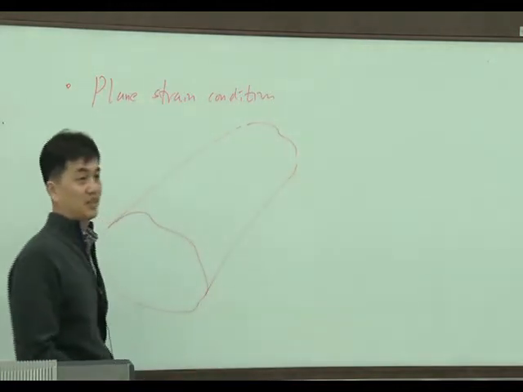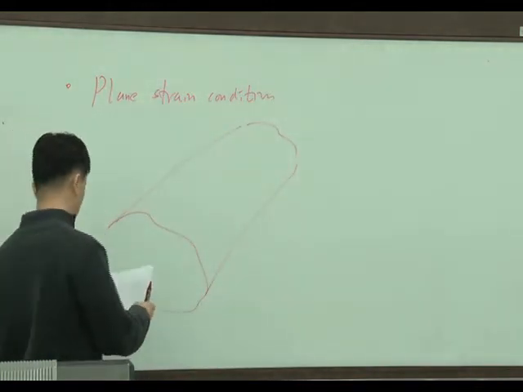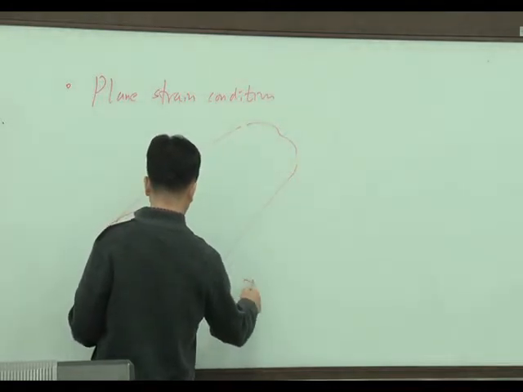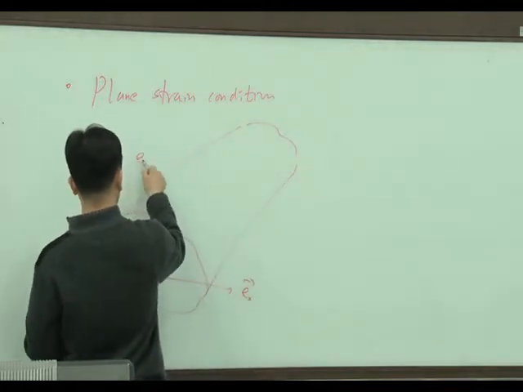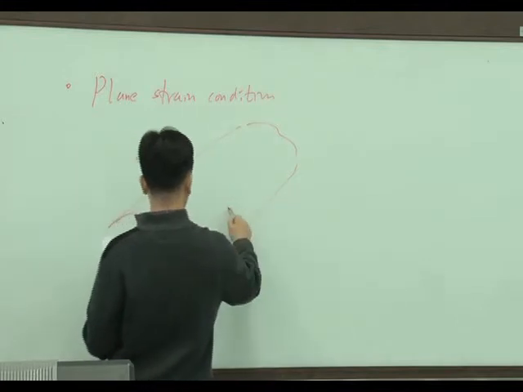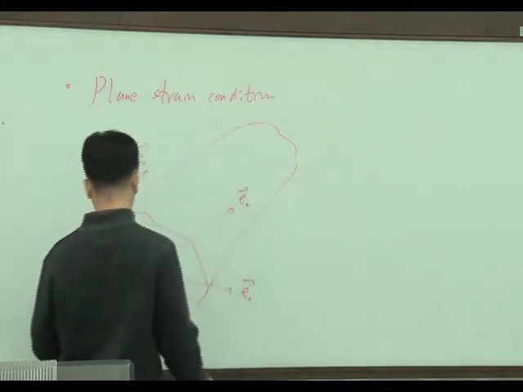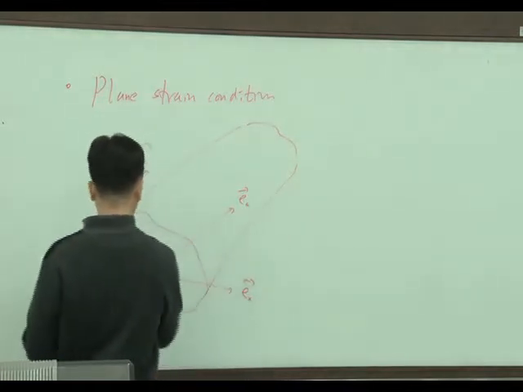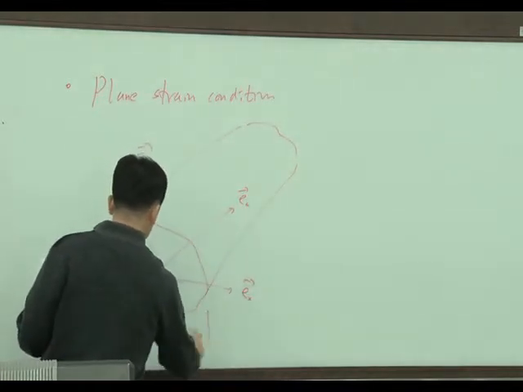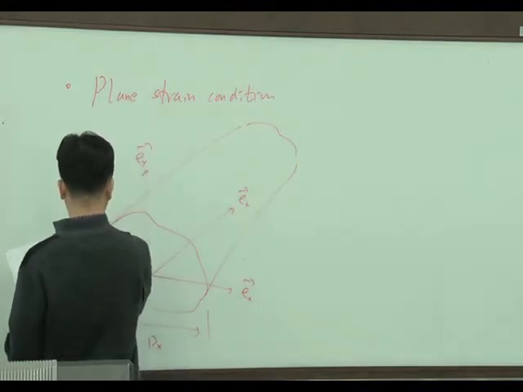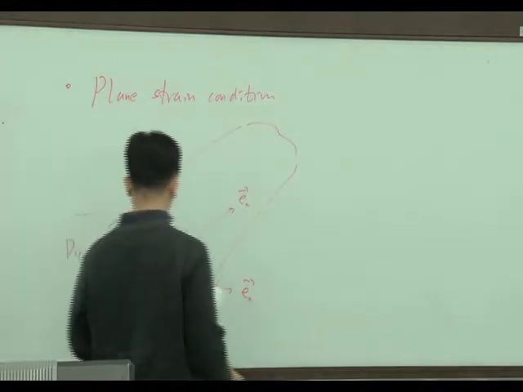The length of the body is almost infinite. So let's say this is ex, ey, and ez, with dx, dy.